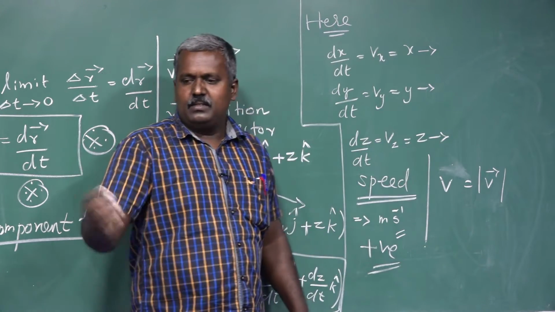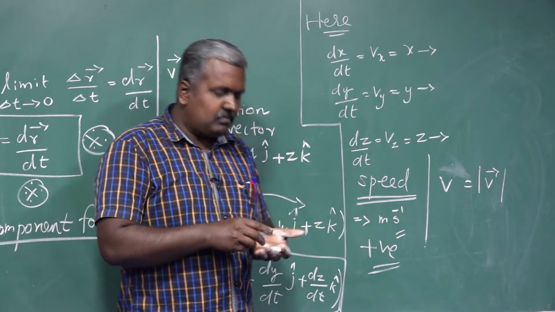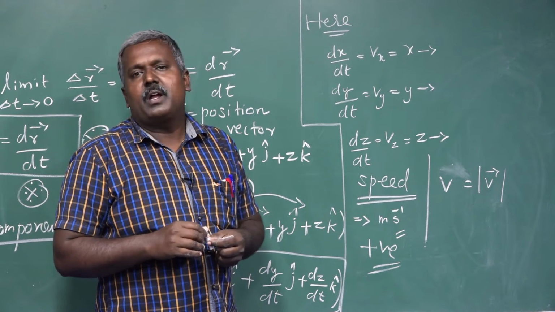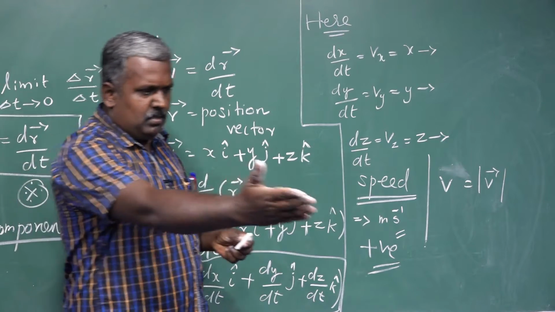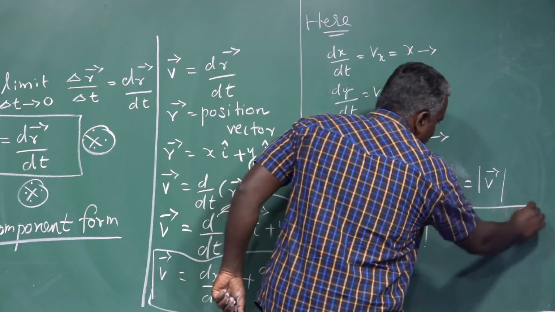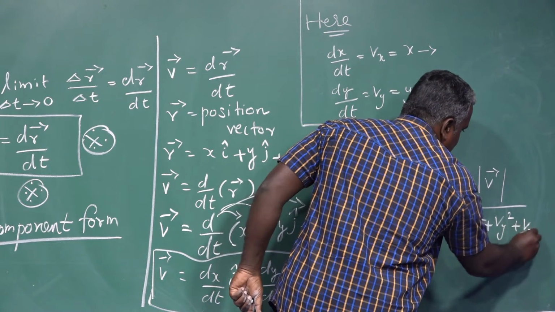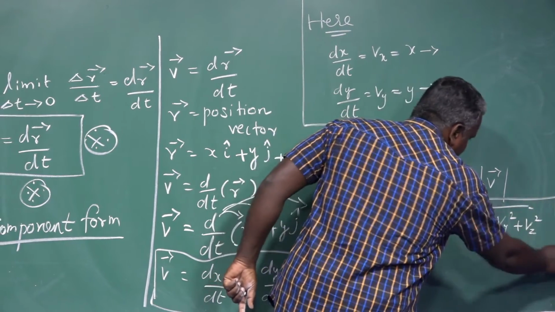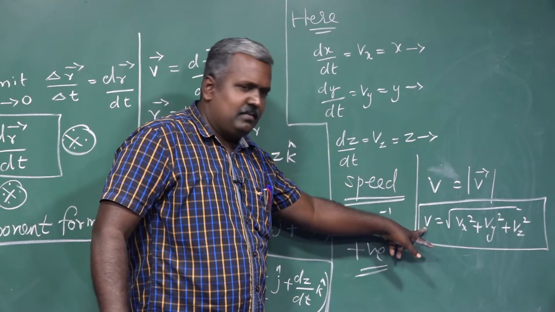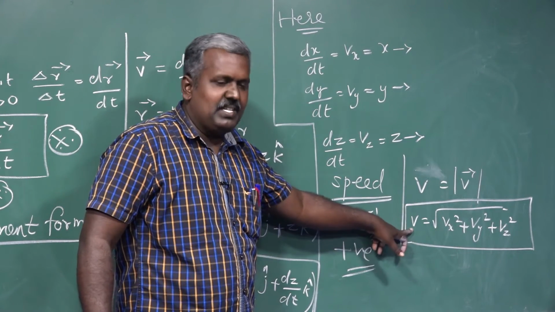What is the formula? We already discussed this in components of a vector and the scalar product of two vectors. V is equal to root of vx square plus v suffix y square plus v suffix z square. This is the formula to find speed. What is speed? Magnitude of velocity.